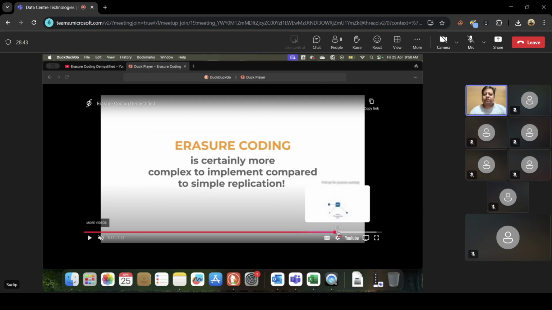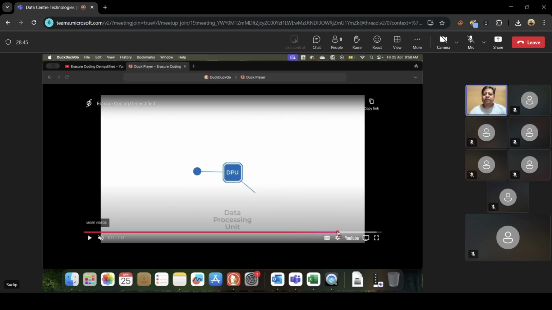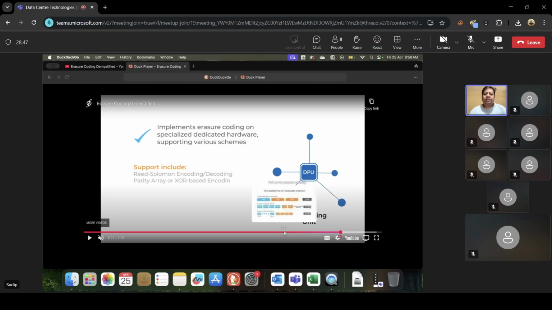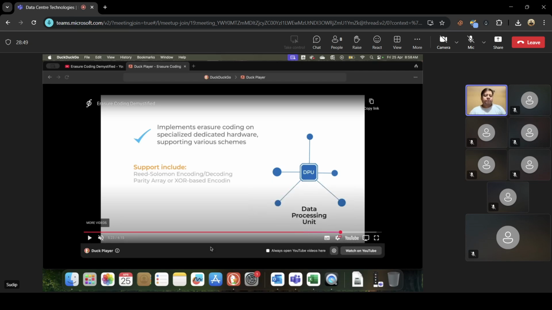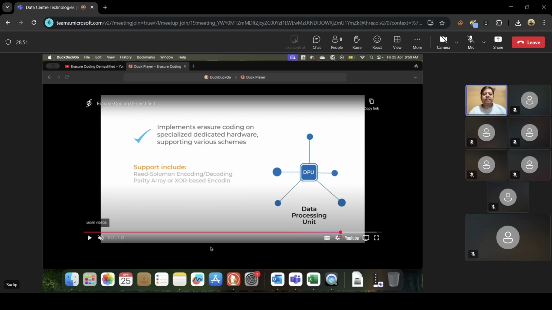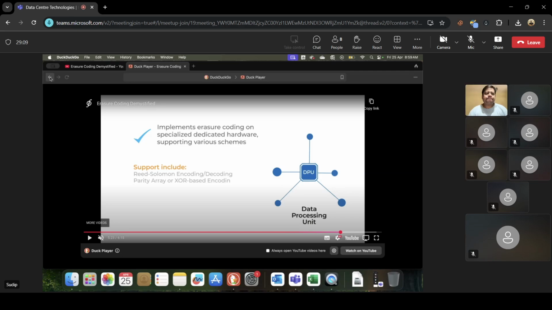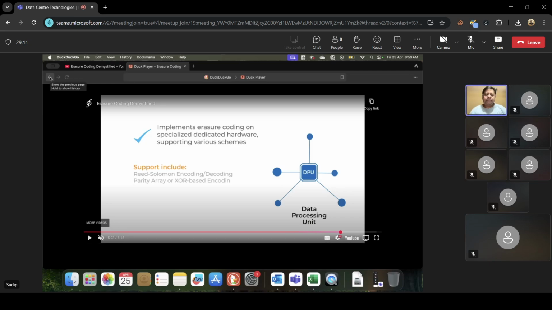So one more task for today, apart from understanding the availability of data centers, just do a little bit of reading on what is Reed-Solomon algorithm. Any questions? If there are no questions, we'll move forward.